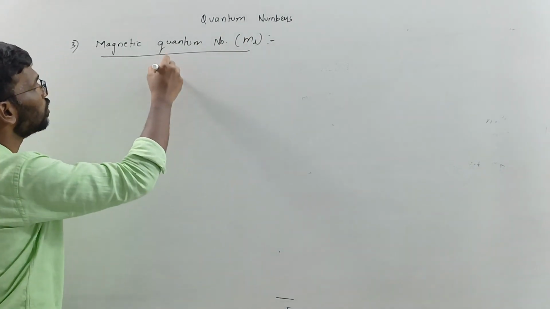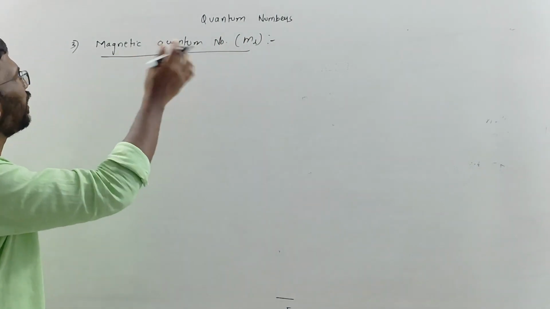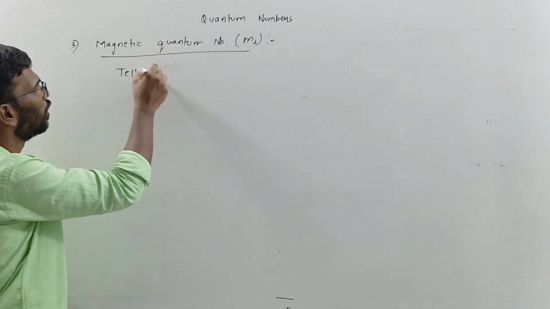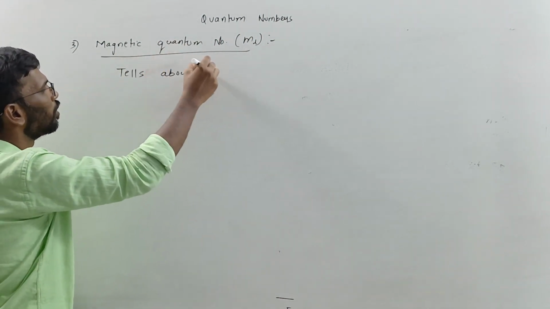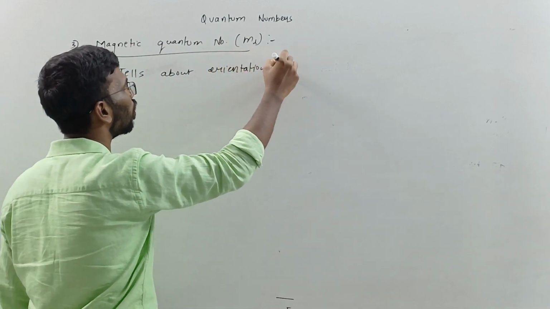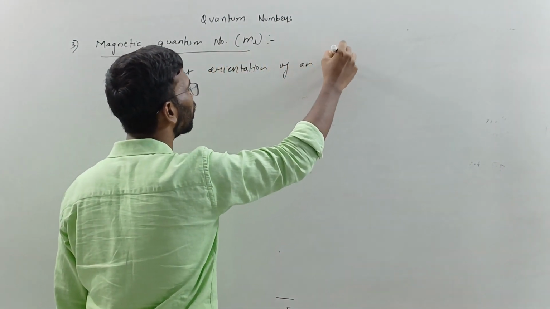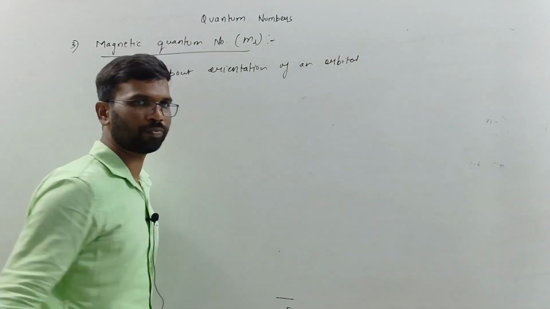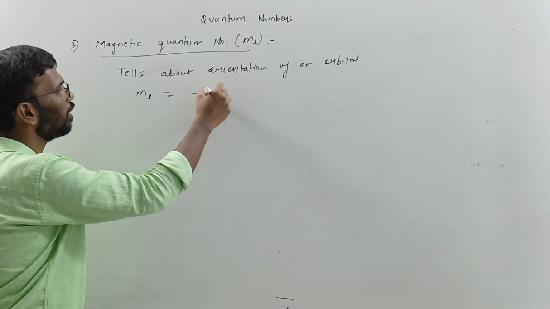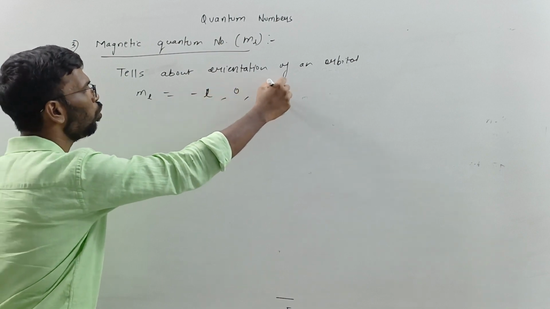What does it tell? It tells about the orientation of an orbital. ml takes values from minus l through 0 to plus l.